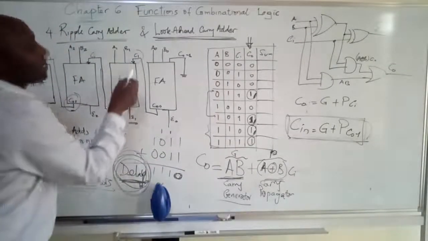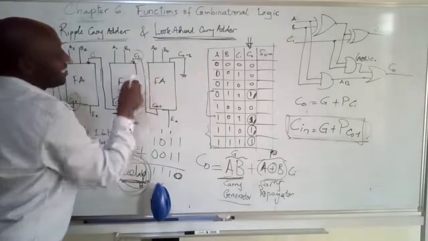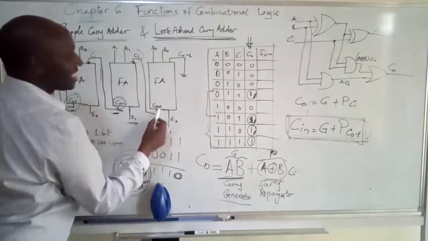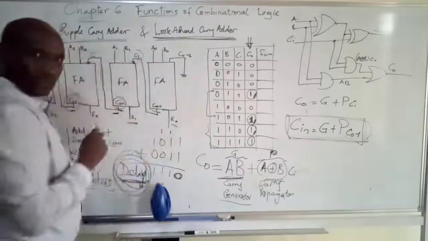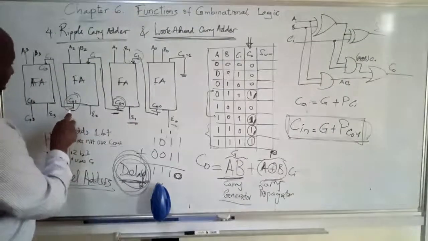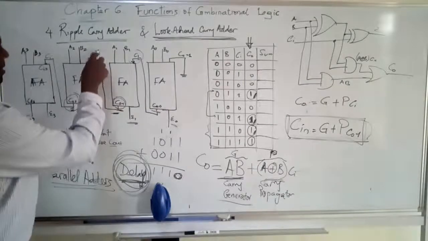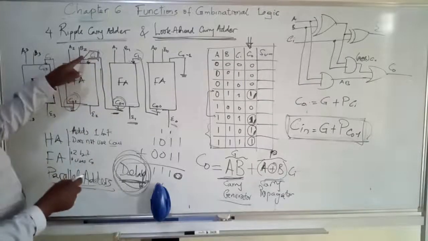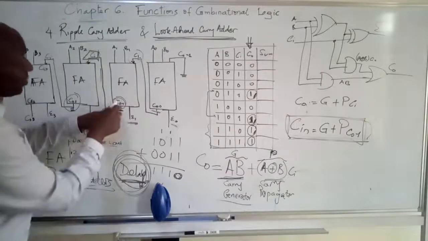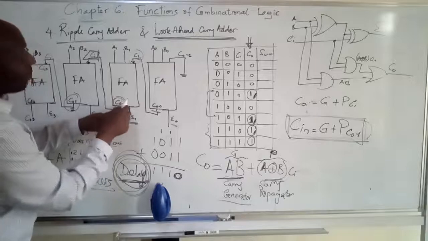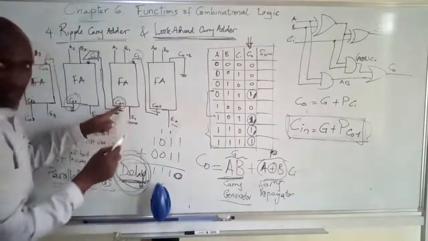It's okay, because the C in here depends on the C out, and we get the C out here after adding. To get this C in, it comes from C out 1, and to get this C out, we have first to get the summation.